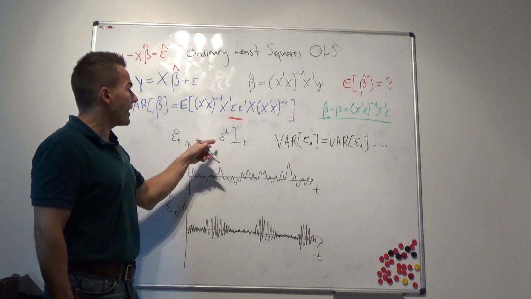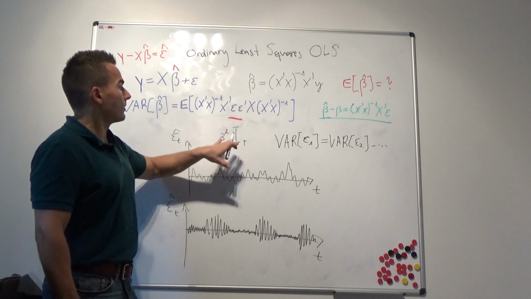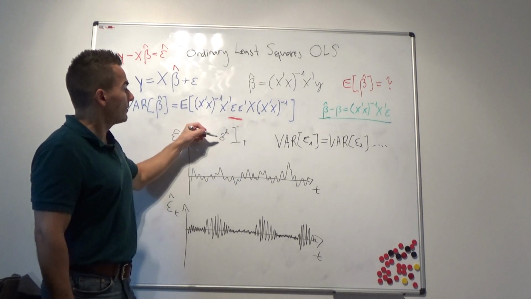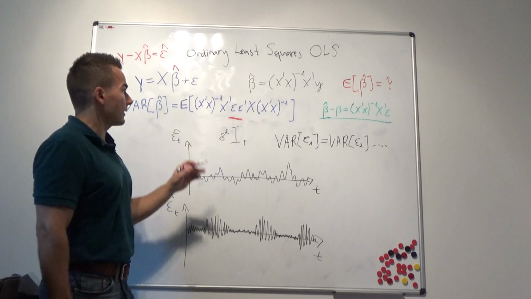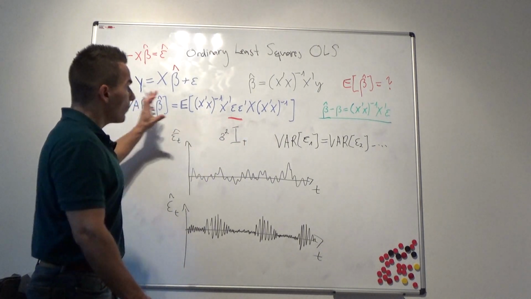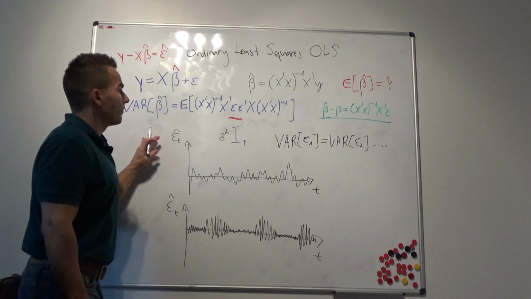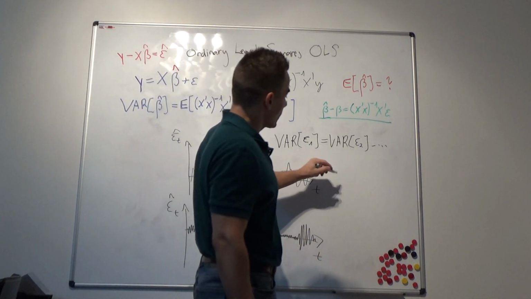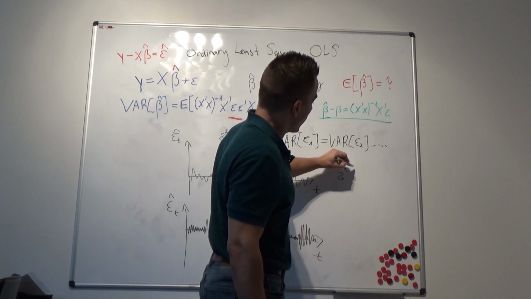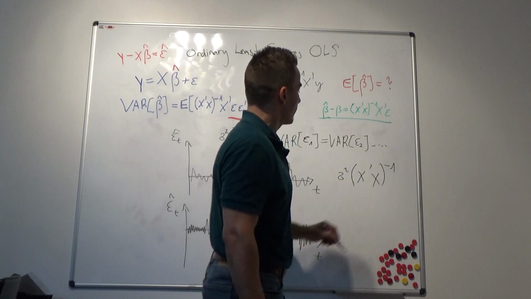Only then can we simplify this expression by sigma squared times the identity matrix, and only then can we estimate the covariance matrix of our beta as sigma squared times X transposed X inverted.